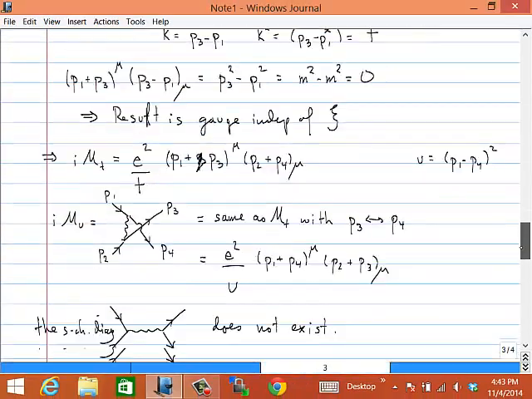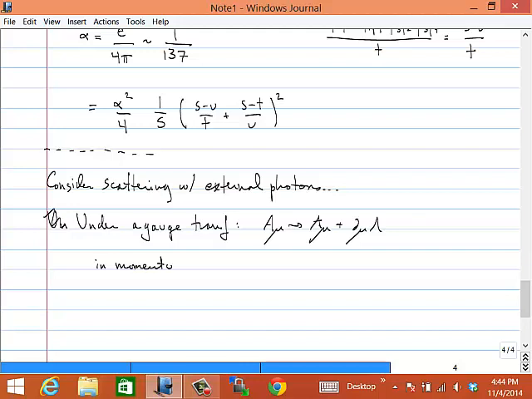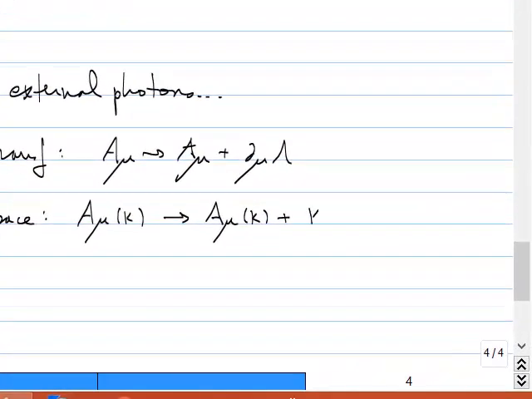Just to make that more explicit, remember that under a gauge transformation, A mu is shifted by the total derivative of your gauge parameter in position space, and in momentum space, this means that if you wrote A in momentum space, you looked at the Fourier transform, you would be shifting it by something proportional to k mu.